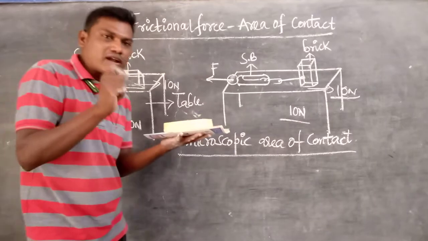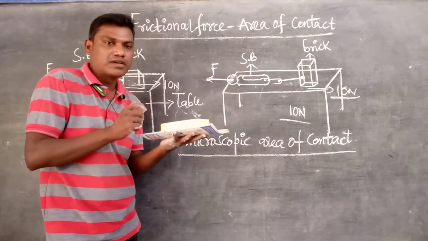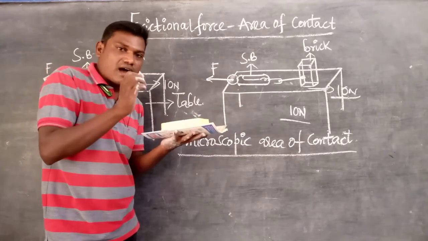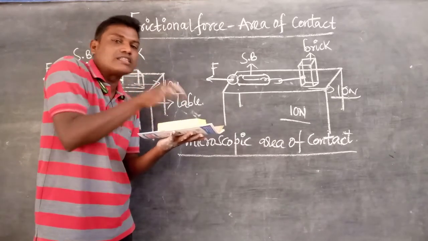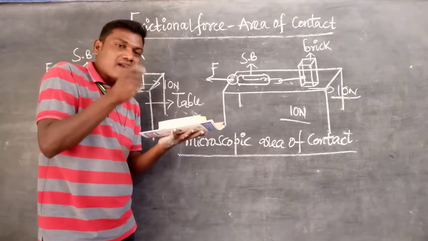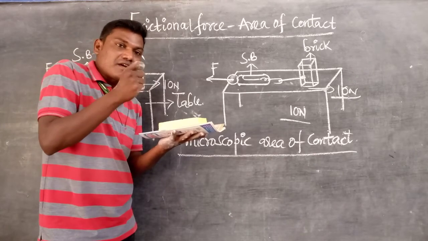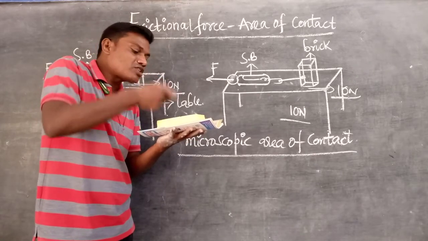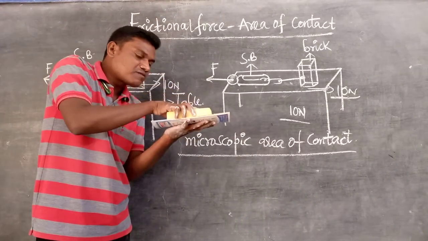You know what is meant by area of contact or surface area: the space occupied by an object when it is placed on another body. Now here the duster is placed on the surface of the book.